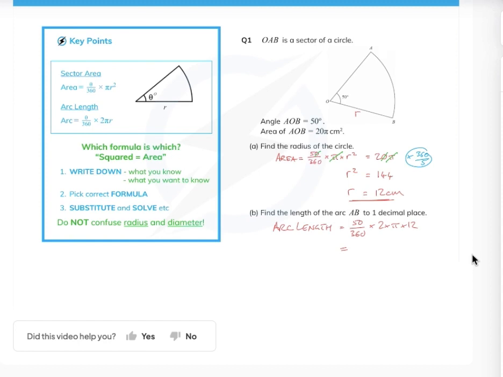I've used the radius very carefully there, and if I put all of that in my calculator, I get 10.5 centimetres to one decimal place, as I was asked. And there we go, that's sector area and arc length.